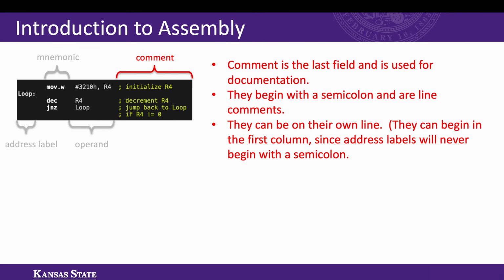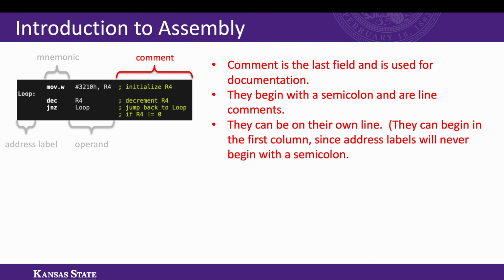All right, the last field is the comment field. Of course, by now in our lives, we all understand why commenting is important. The comments in assembly begin with a semicolon and are line comments, so everything after the semicolon is ignored by the assembler. Comments can be on their own line, and they can begin in the first column without being preceded by whitespace.